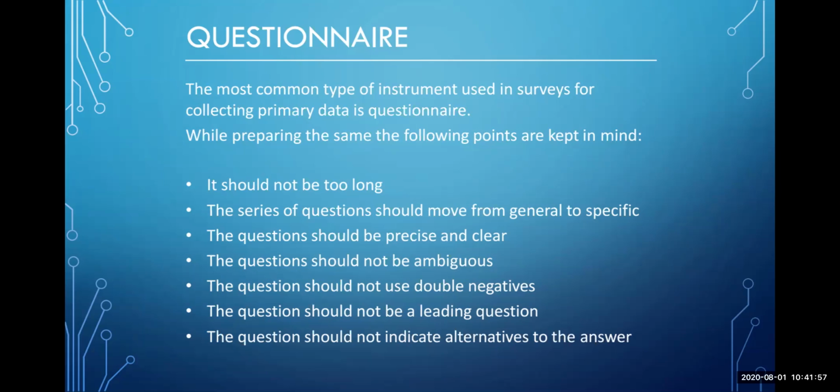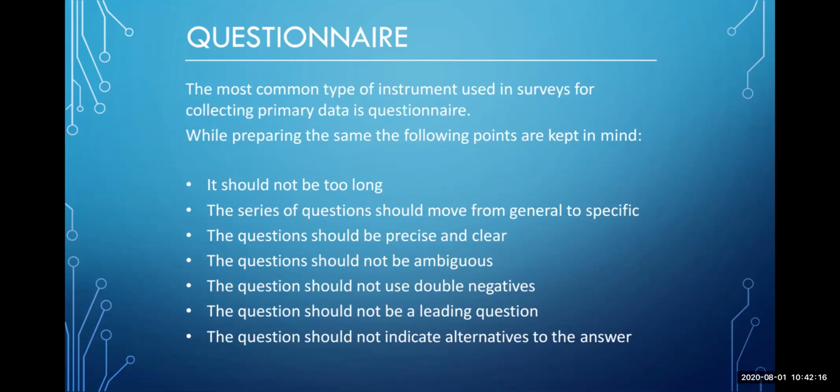So there has to be a sequence, or you can say the questions should be in order. The first question or the second question which you're asking should be related, or it should be in the sequence. The questions should not be mismatched and should be logical.